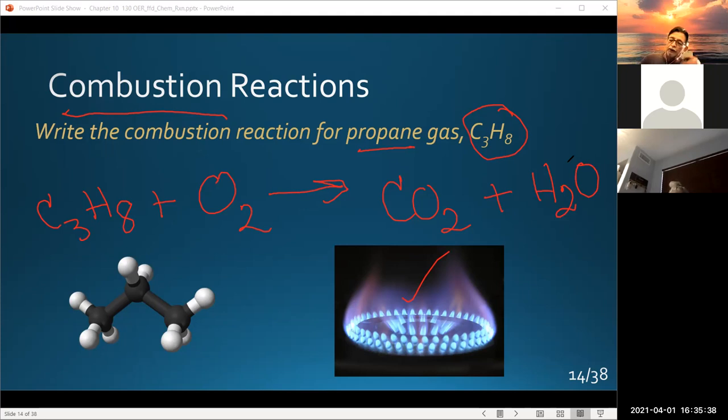Now, with respect to balancing these, the previous examples were basically a little bit of trial and error. You kind of put a 2 here, see what that does. You go back and forth, you play with the numbers, unfortunately, until you hit the right combination of numbers so that everything's balanced.